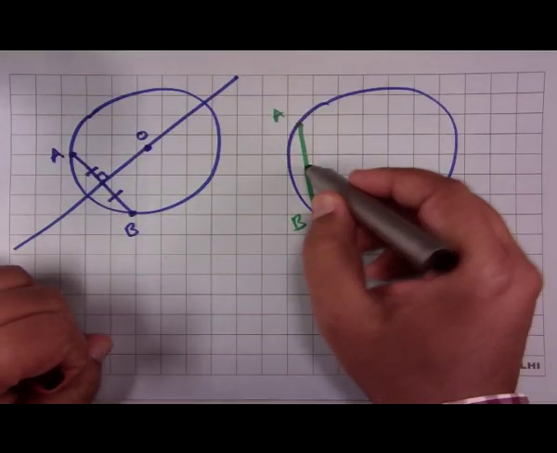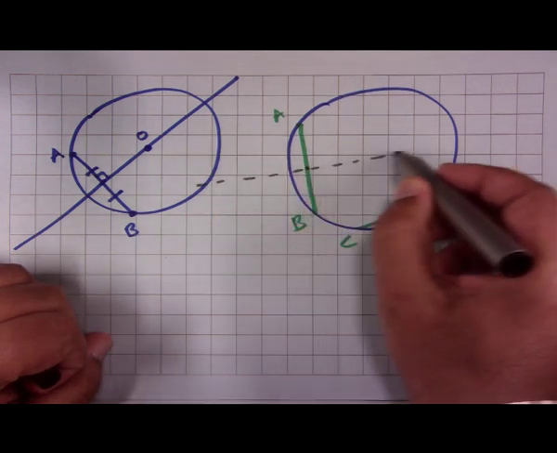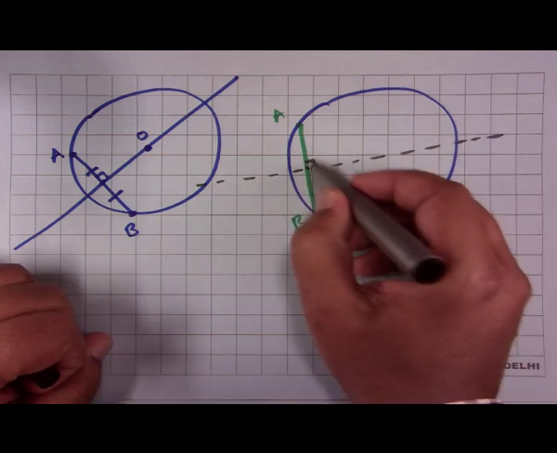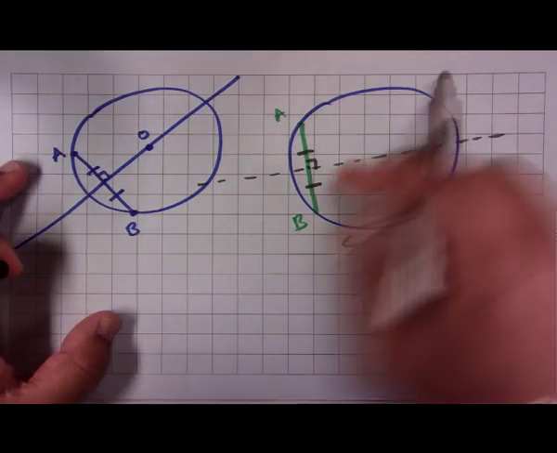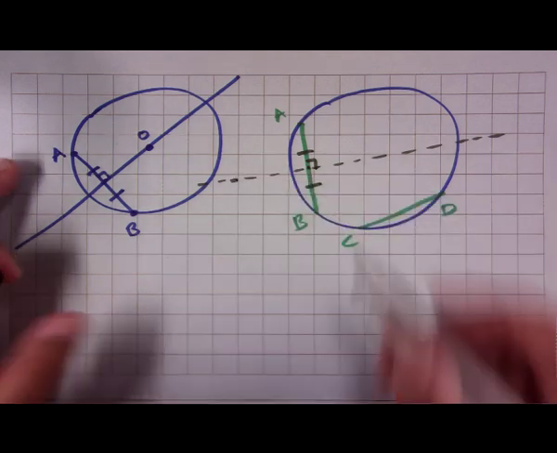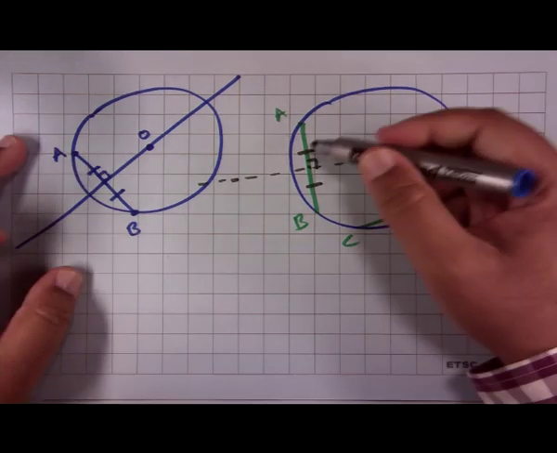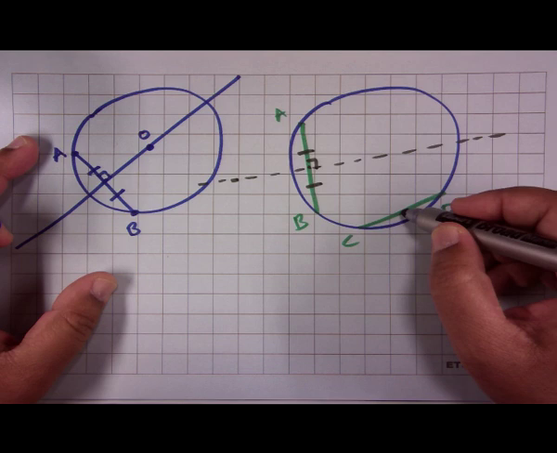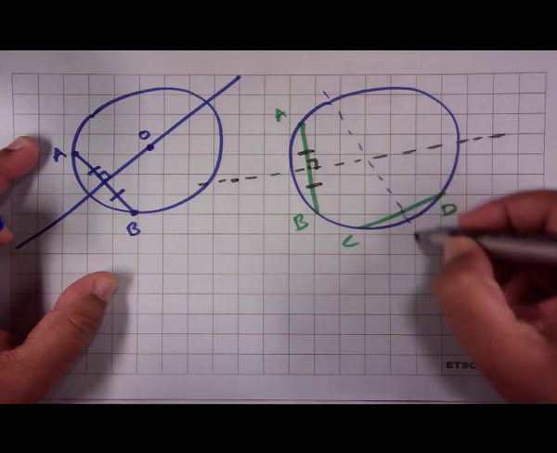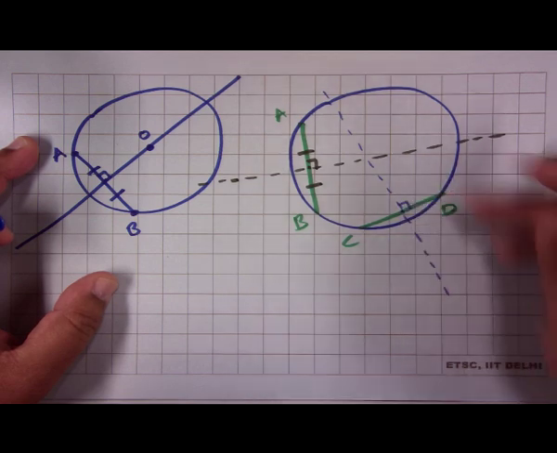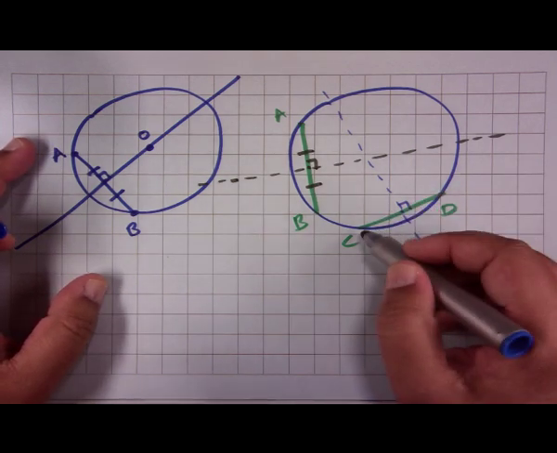and then we construct the perpendicular bisectors for both these chords. So, this black dotted line is the perpendicular bisector of the chord AB, and this other blue dotted line is the perpendicular bisector of the chord CD.